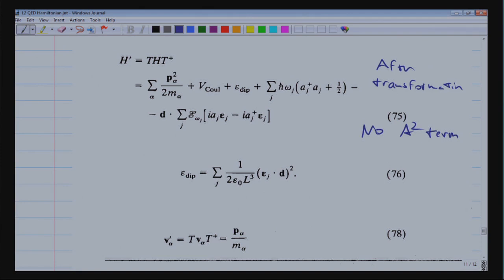And there is no prefactor omega 1, 2 over omega. This is a rigorous transformation, unitary transformation to another basis. In full disclosure, it involves a dipolar self-energy, which is sort of a constant energy.